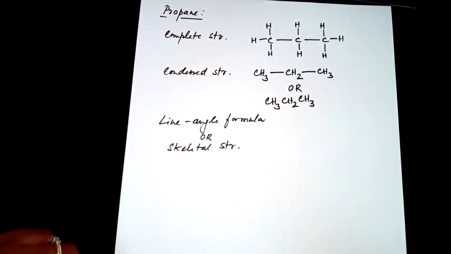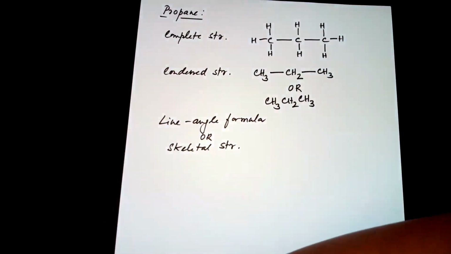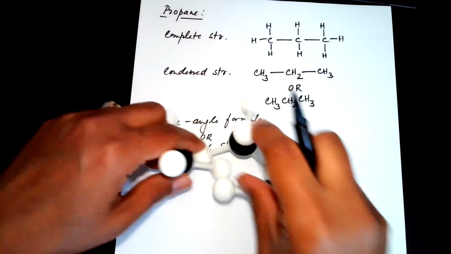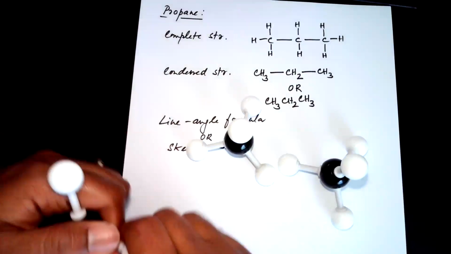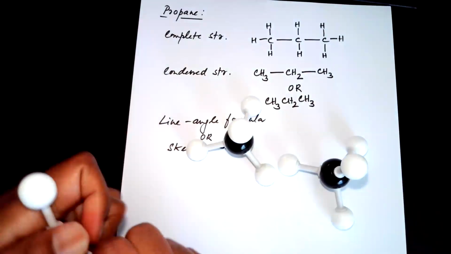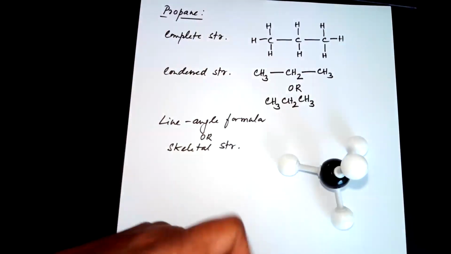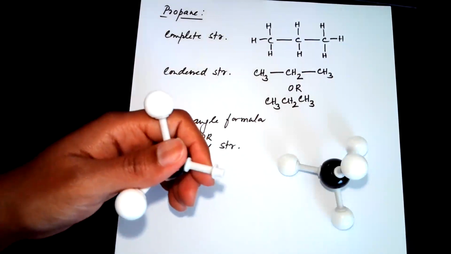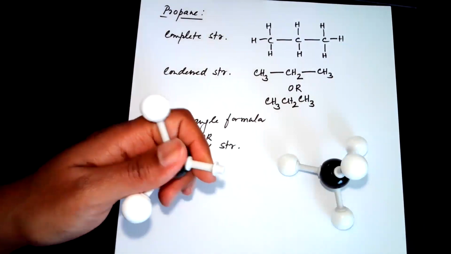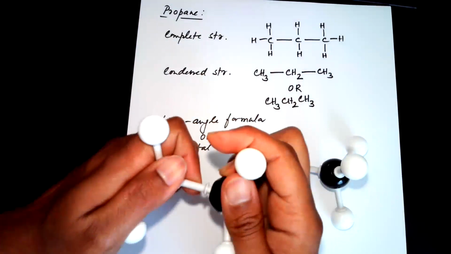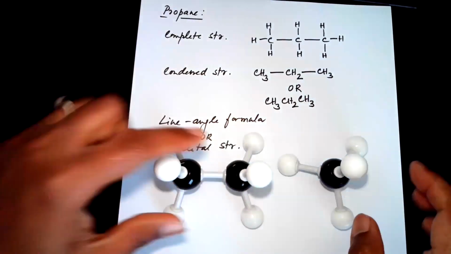So line angle formula basically is, I'm going to actually make this molecule and show you. So I have 3 separate kind of methanes made. Instead of keeping them separate, I'll just join them up. So here is my ethane molecule. I have 2 of them attached.